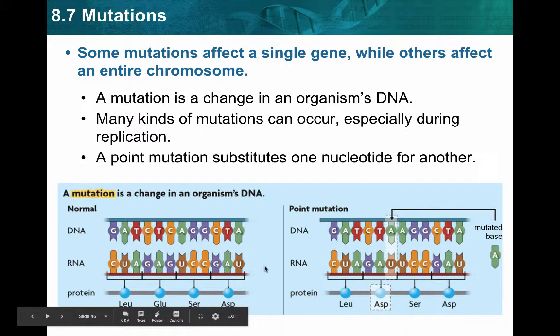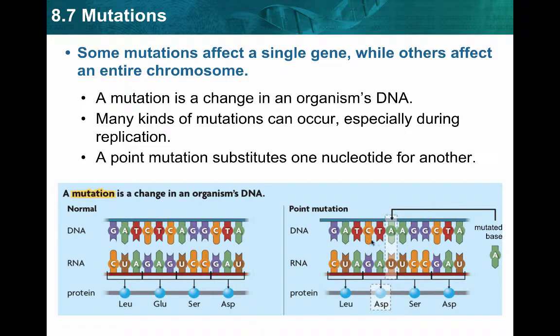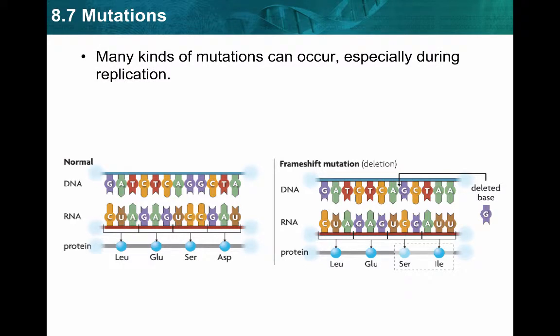So a point mutation only affects one single amino acid, but that one single amino acid could impact the entire structure of the protein, or maybe it doesn't, but we definitely can have consequences from a point mutation.